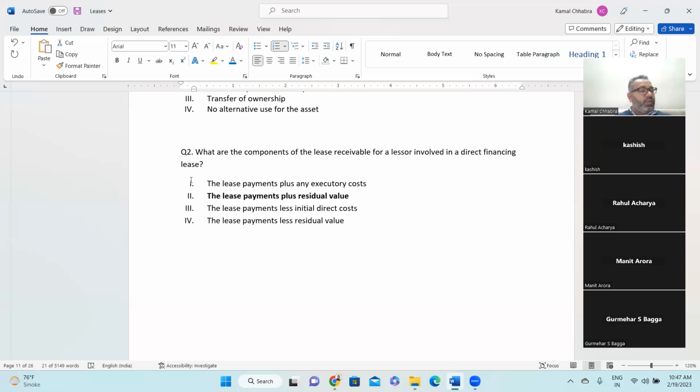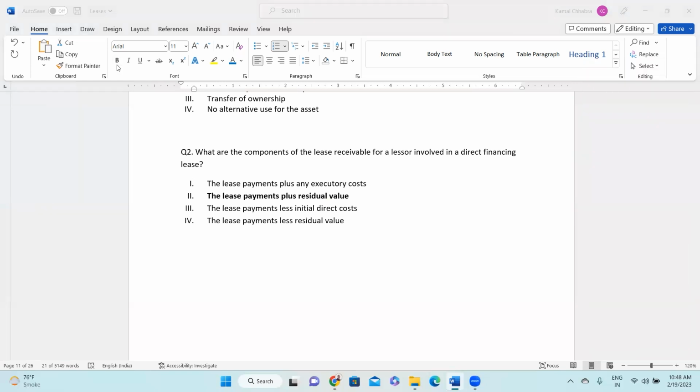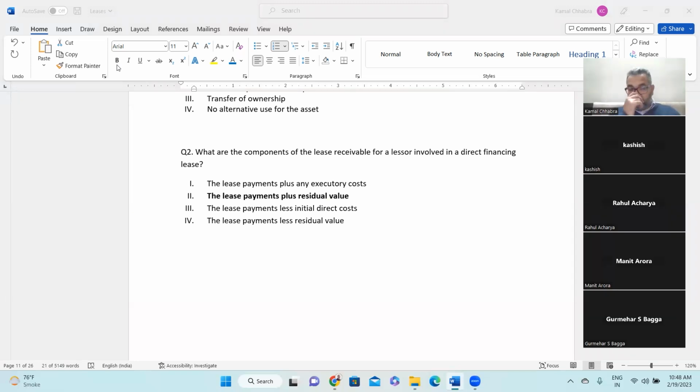I know it's good to know the right answer, but it's also important to know why the other options are not right, so that what we are selecting is with knowledge. Sir, we already know this is the option. No, what is executory cost? Give a guess.